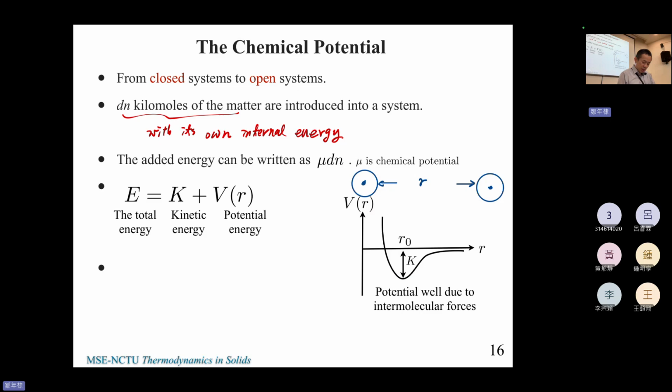Okay, it's called the potential landscape. And this is called the potential well due to the intermolecular forces. So you can see that at this distance, their potential energy will be the minimum, which means that these two atoms prefer to stay within this distance.